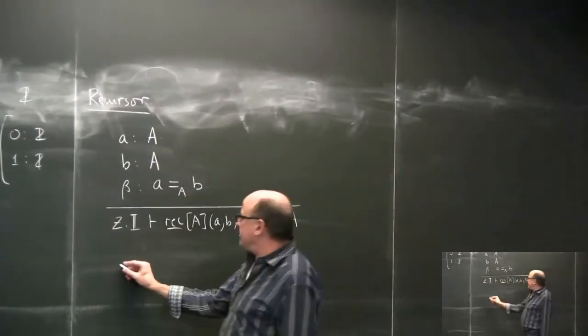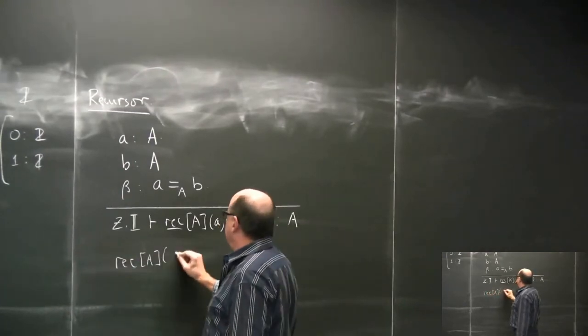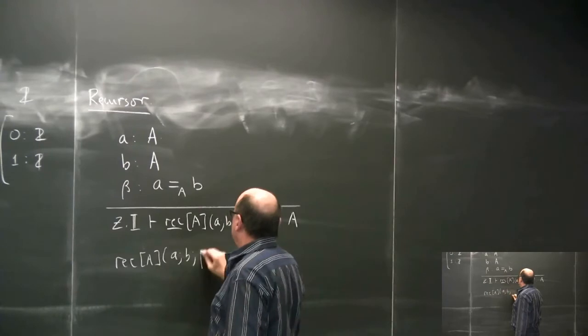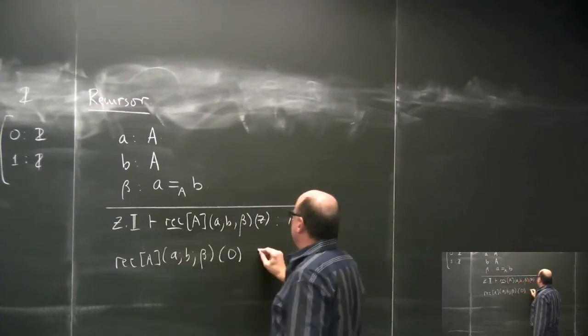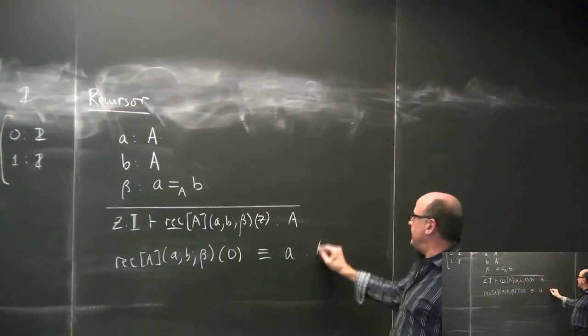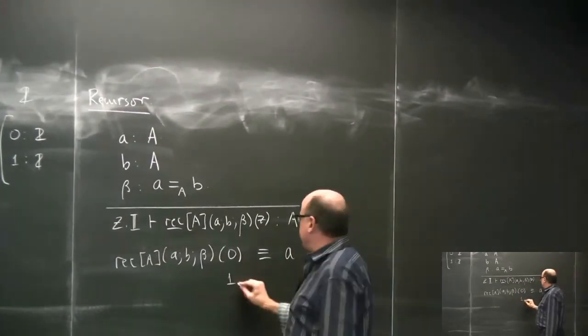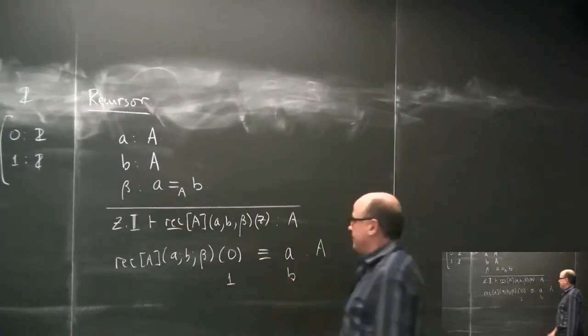And then you would expect, in that case, that if you take the recursor and you run it on 0, well, Gentzen's inversion principle, on the basis of at least that kind of reasoning, you would expect that to be A, you'd expect this to be B, right?